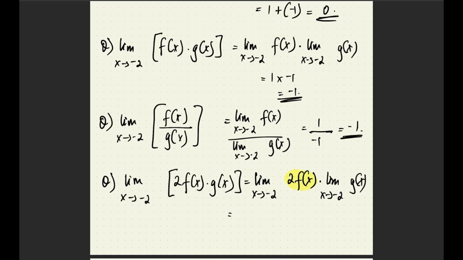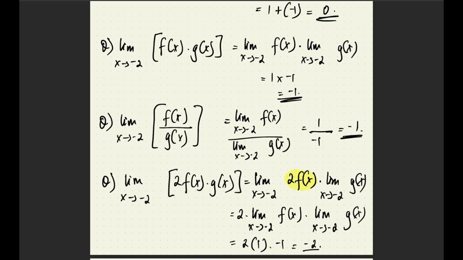So we're basically going to use the constant multiple law. That is, the limit of a constant multiplied by a function is just the constant multiplied by the limit of the function. Right? So we can rewrite this as such, and this remains as it was, g of x. So we're going to get 2 multiplied by 1 multiplied by -1. So we're going to get -2.